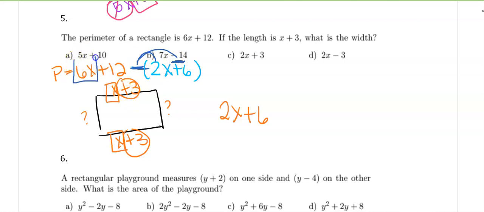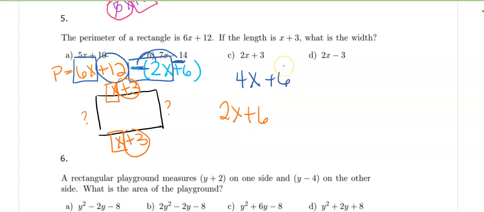You combine your like terms. 6x minus 2x is 4x, and I just clearly did that wrong. Let's see what I did there. Okay, well, it seems like I did it right. So let's go back. Then 12 minus 6 is 6.